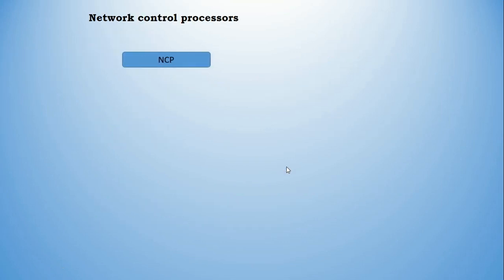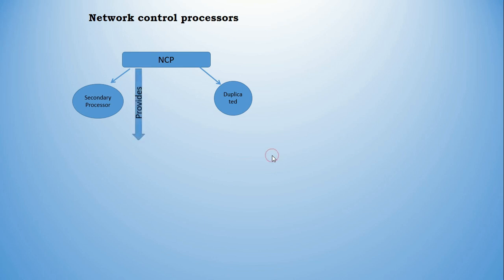Then we have the second level, that is NCP. So if CP is the primary processor, NCP is a secondary processor, and this NCP is also duplicated. And this also provides medium call processing functions. So that means it won't provide higher level, it will be between your interface modules and CP.